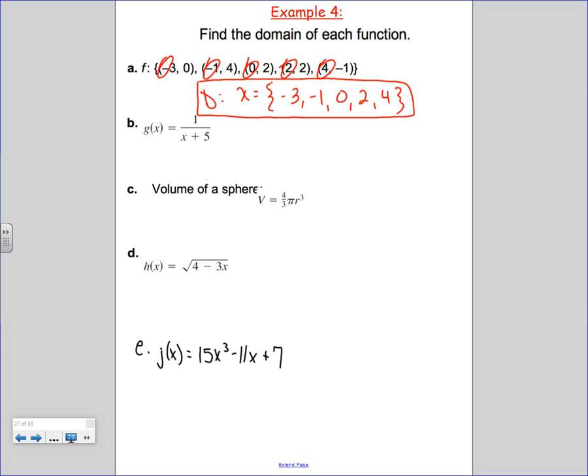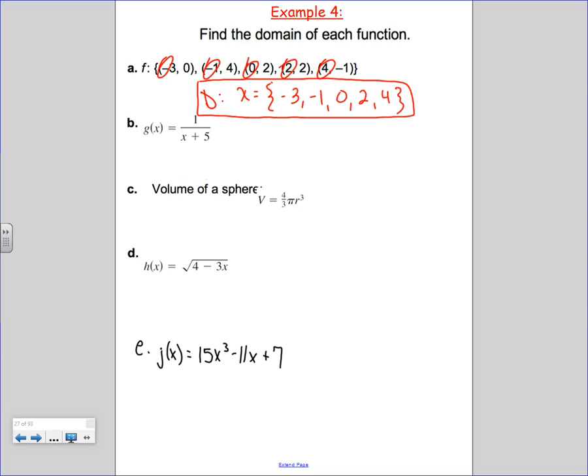Now letter B is a little bit different. This is an equation where x can be anything. Plug in 1, plug in 10, plug in -11, plug in 37, plug in -723. I don't care. But is there a problem that can occur when saying x can be anything?